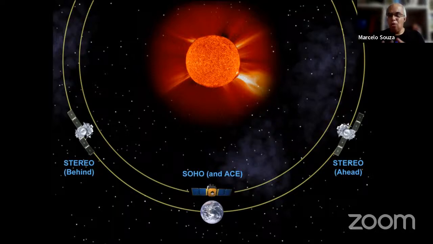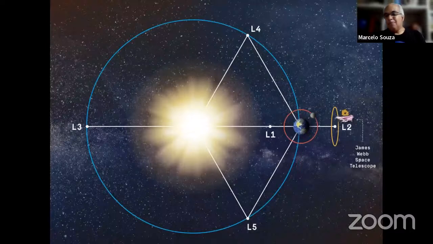Then you have SOHO, following the Earth in its orbit around the Sun, and STEREO, with one behind and the other ahead of the Earth. Then we have daily images of the Sun from different positions. And I'm talking about this, but we have others in the L1 position.